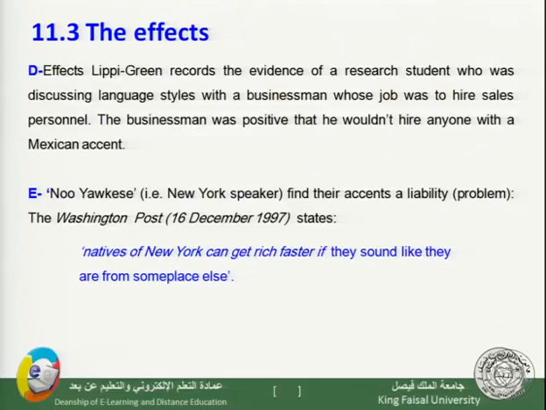Because if their manager, or the businessman who hired them, knows that they are from New York, they will be looked down at, because the stereotypical understanding of people from New York is that they are less trustworthy, or negative, or violent, etc. So they become rich faster if they claim that they are from another place other than New York.